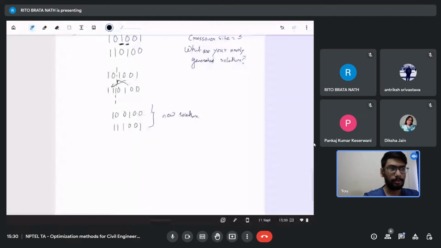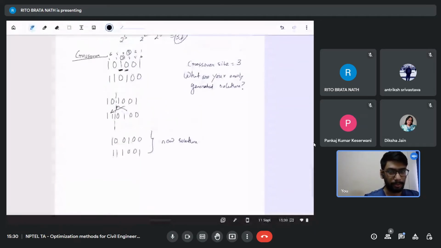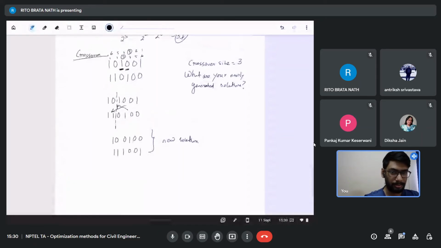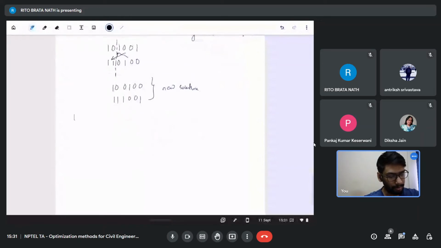Okay, so I think you will get one question related to it. It's pretty simple, it's just counting from the left side. But in case of mutation, let me go into the problem itself because that will be easier.